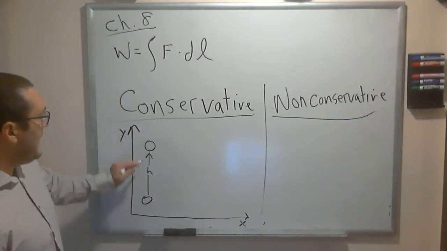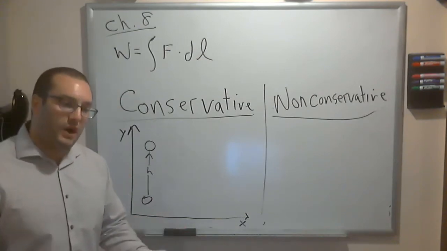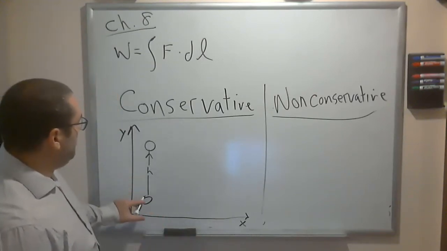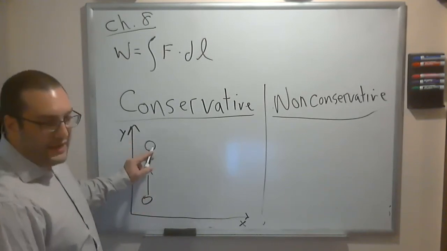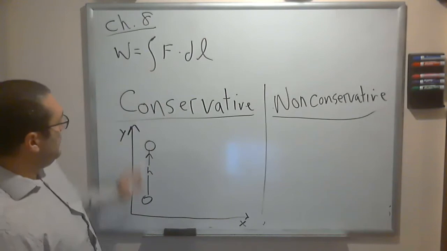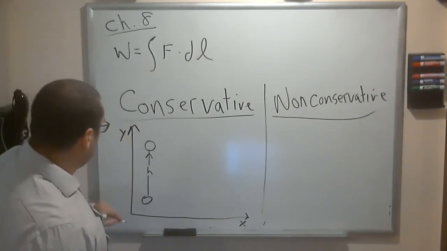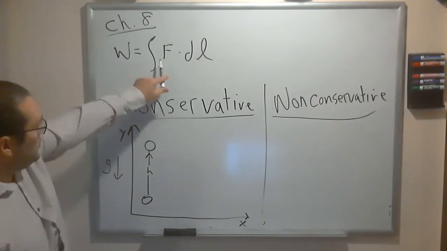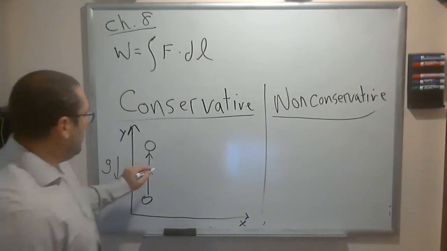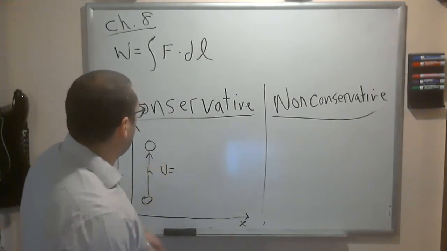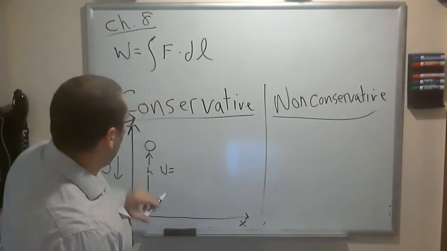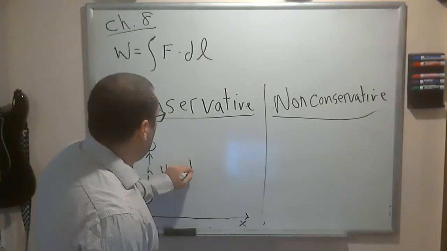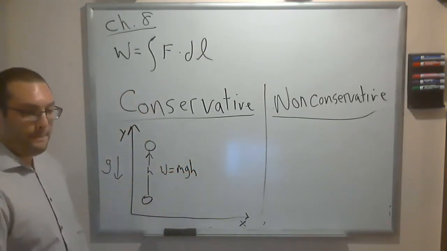The amount of work I have to do, ignoring all other forces besides gravity, to move this ball upwards to this height, if g is downwards like this, is just the force times the length. So the work in this case is equal to the force mg times the length h.